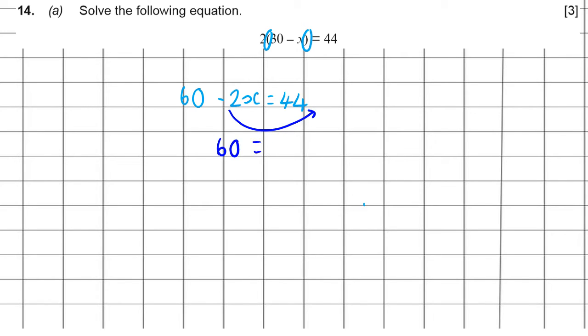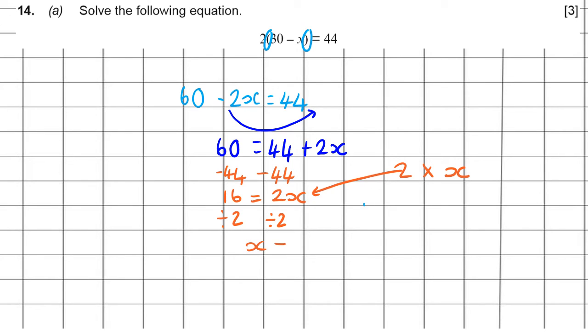So 60 equals 44 plus 2x. Then we'll take 44 off. That gives us 16 equals 2x. And 2x means 2 times x, and the opposite of times is divide, so we divide both sides. That gives us x equals 8.